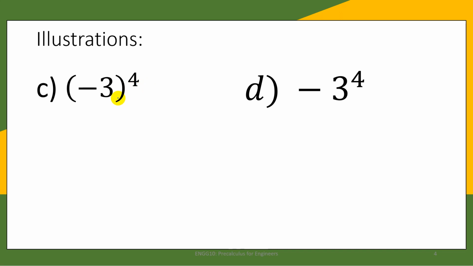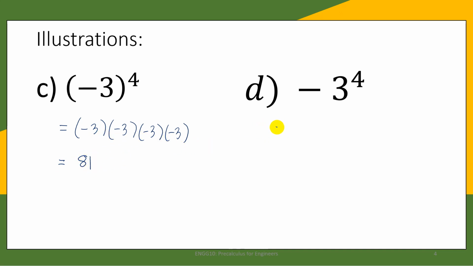So for part C, we need to multiply negative 3 by itself 4 times. So that's negative 3 times negative 3 times negative 3 times negative 3, which is equal to positive 81.